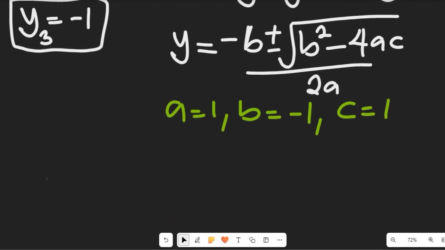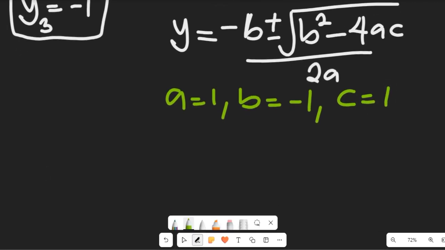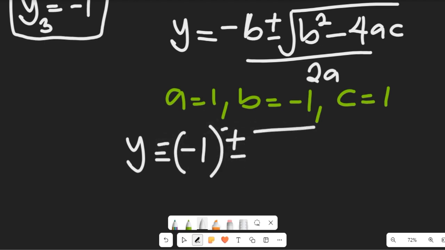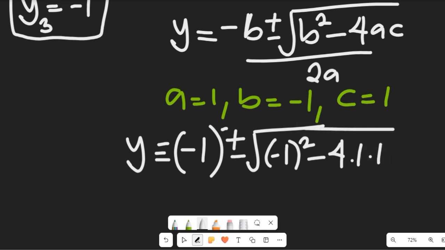So if we substitute that, we'll have the value of our y to be equal to negative multiplied by negative 1 plus or minus square root of minus 1 all squared minus 4 multiplied by 1 multiplied by 1, right? And all divided by 2 multiplied by 1.